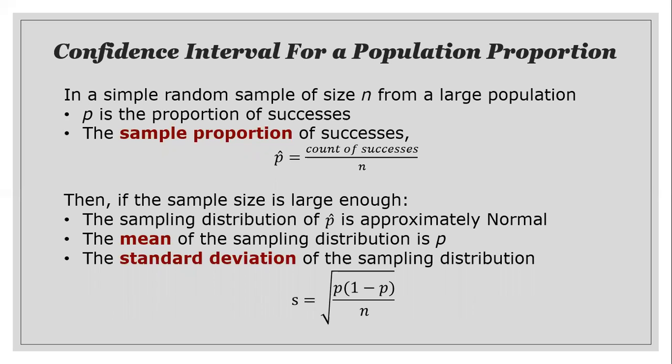That is, my sample could over or undercount P, but how likely that is is described by a normal curve. The mean of that sampling distribution is the population parameter. We get that from something called the central limit theorem. And the standard deviation of the sampling distribution is given by the formula at the bottom of your page here.